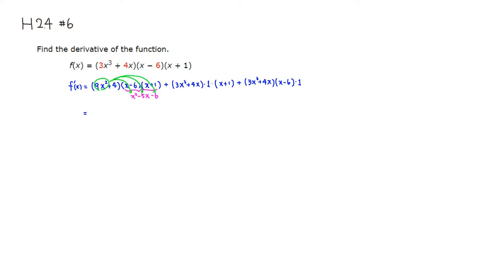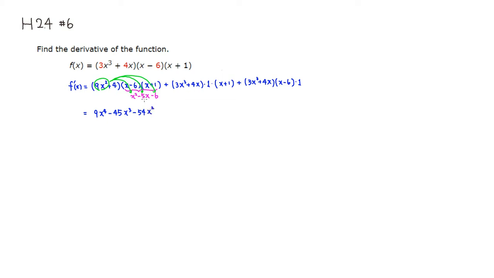So let's do that. You're going to get 9x to the fourth power, and then 9 times 5, so it's going to be minus 45x cubed. And then 9 times 6 is 54, and x squared.